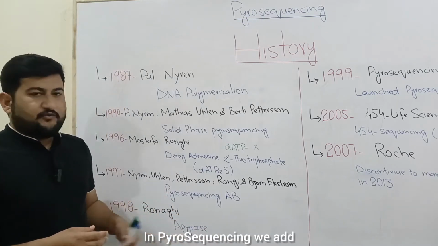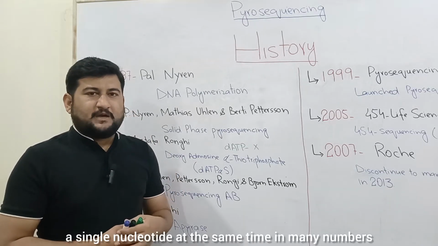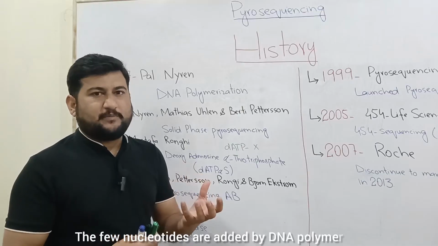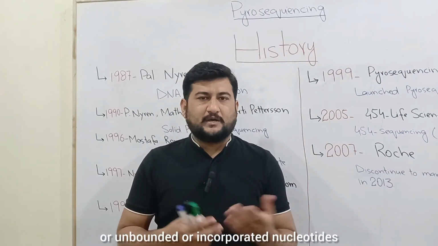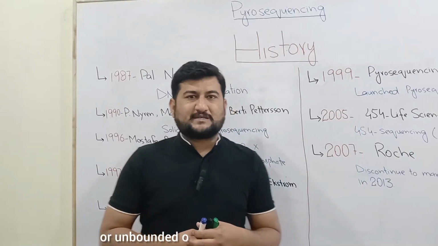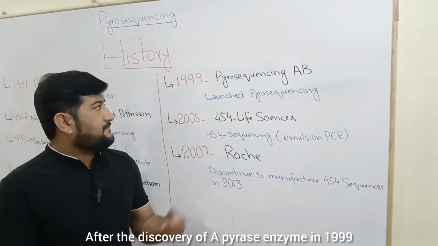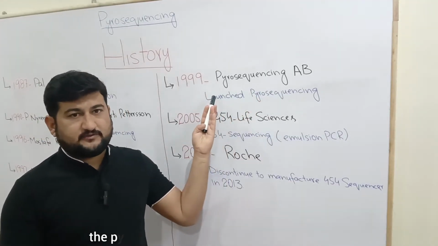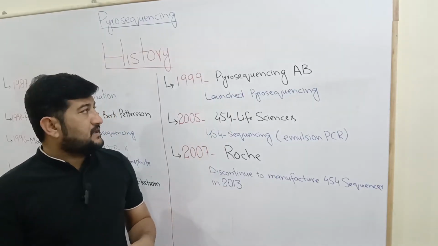In pyrosequencing, we add a single type of nucleotide at a time, in large numbers. A few nucleotides are added by DNA polymerase in the complementary DNA strand, but the remaining unincorporated nucleotides are degraded by this enzyme. After the discovery of apyrase, in 1999, pyrosequencing technology was launched commercially for the first time by Pyrosequencing AB.